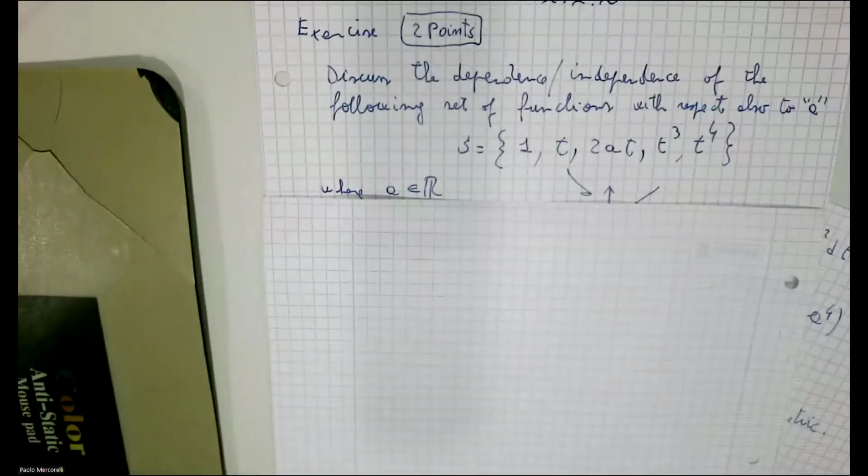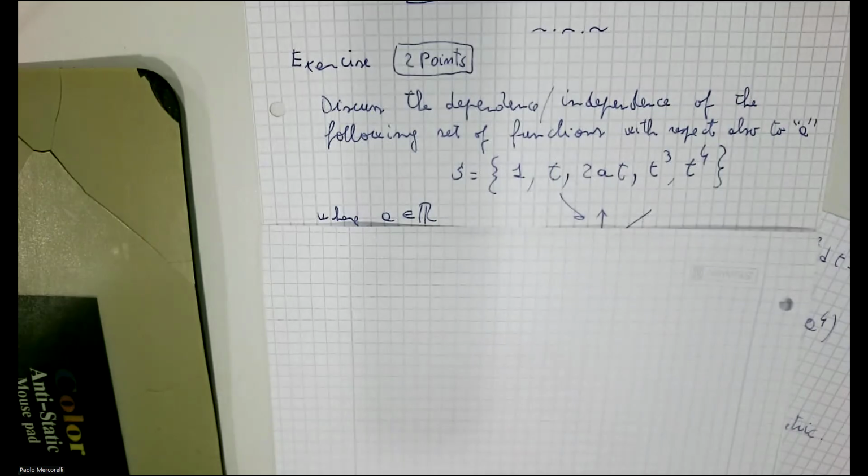Okay, now let me share this example, which could happen, so that you can find something similar. Discuss the independence of the following set of functions with respect to a, but also to A, because a could make a difference.